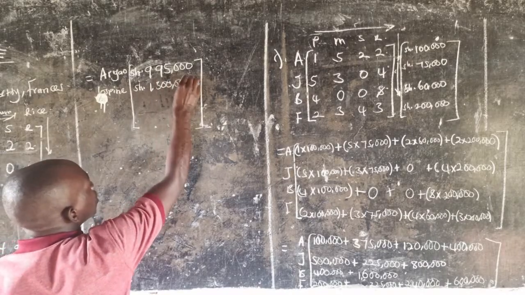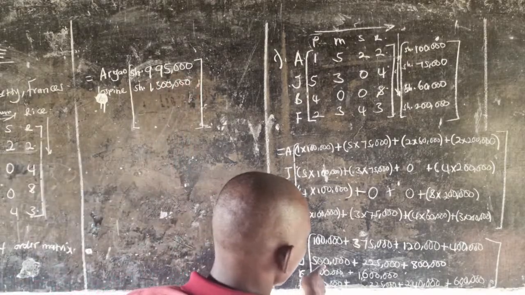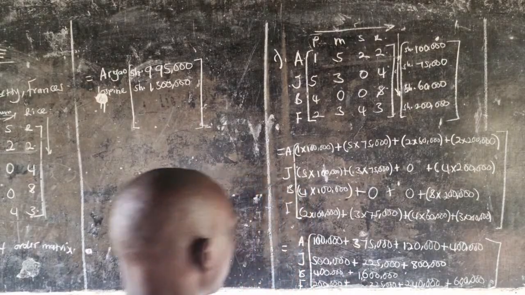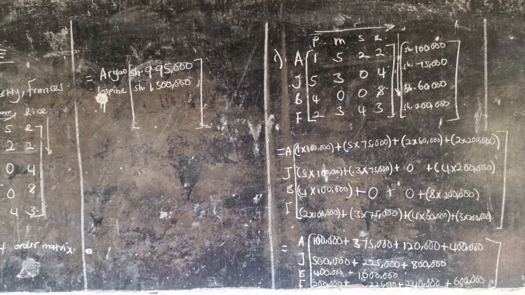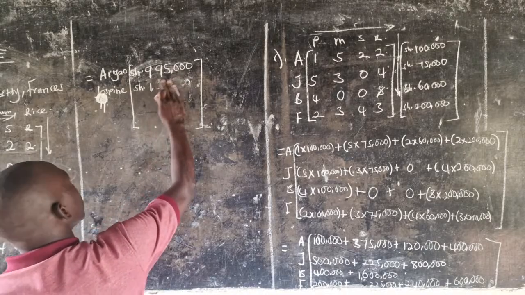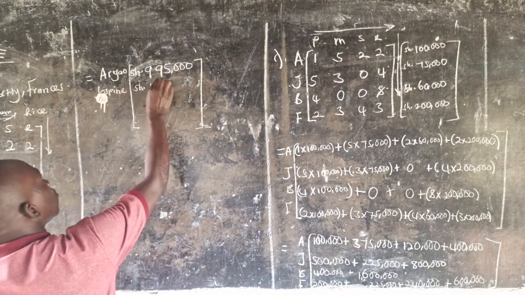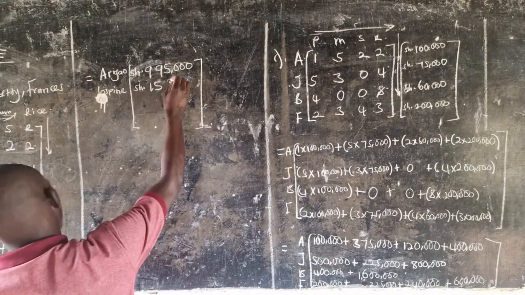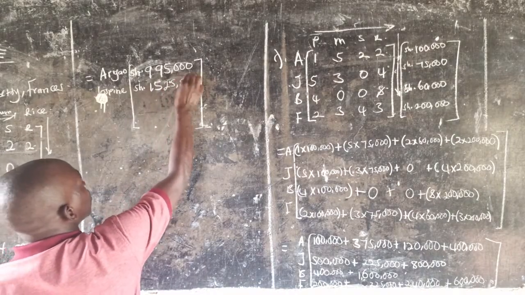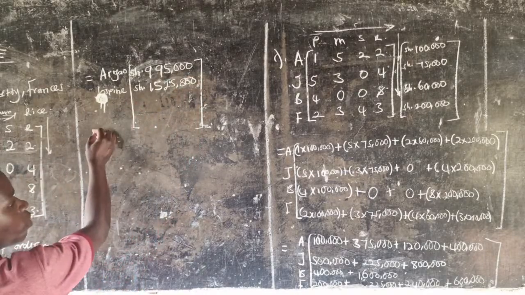Oh, plus this. Oh, there is also plus a 225. So we have the 500,000 plus the 800,000 plus the 225,000. So you realize that we have 1,525,000.